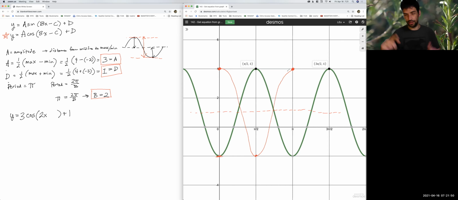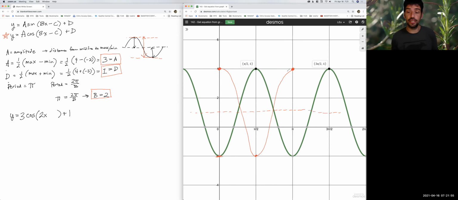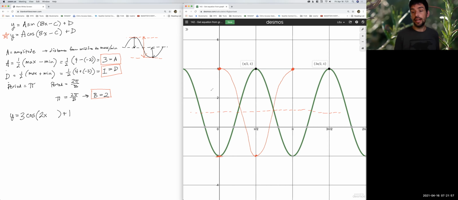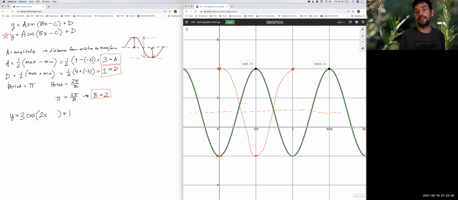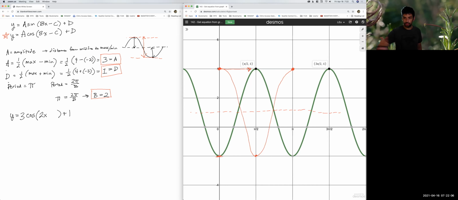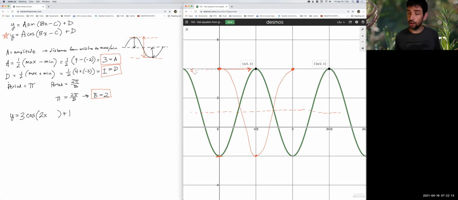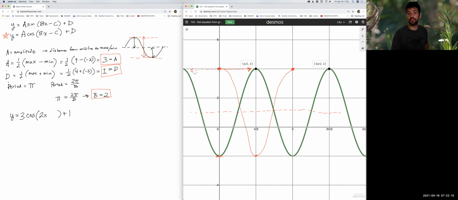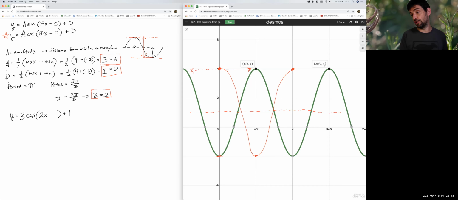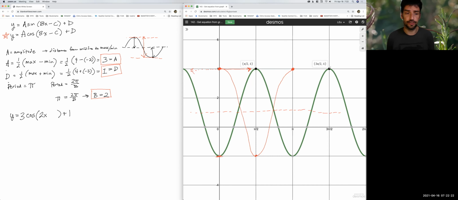I'm only drawing one period. You can repeat that. But obviously, the graph that I'm looking at here is shifted. And so I'm just going to take this peak right here and imagine that I want to move it to this point over here. And that will shift the whole graph over. Notice I could choose something else. I could choose to move it backwards, and that shift would also work. Here's another place where we have shifts. I could choose to move it all the way up here for some reason, shift it by more than a full cycle.